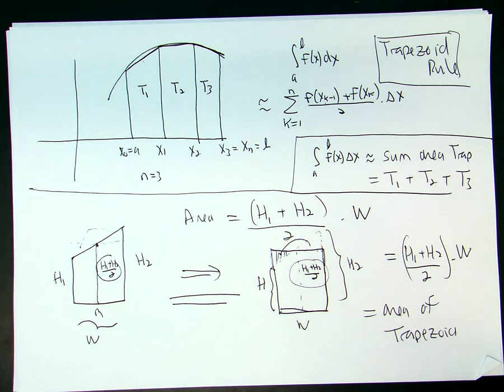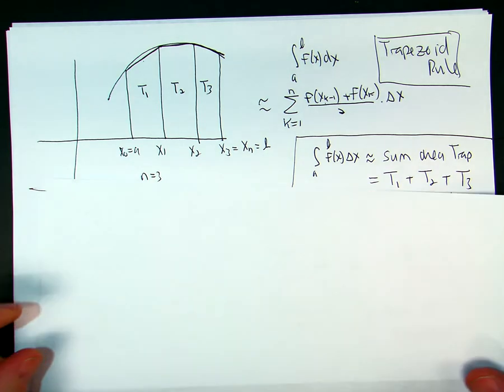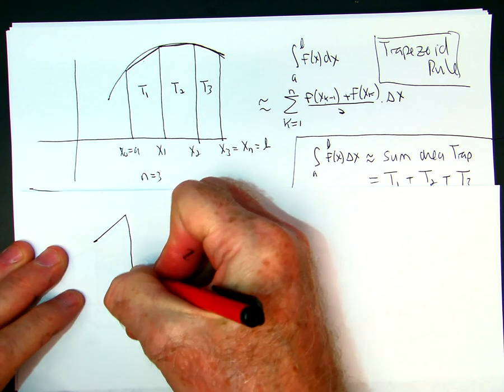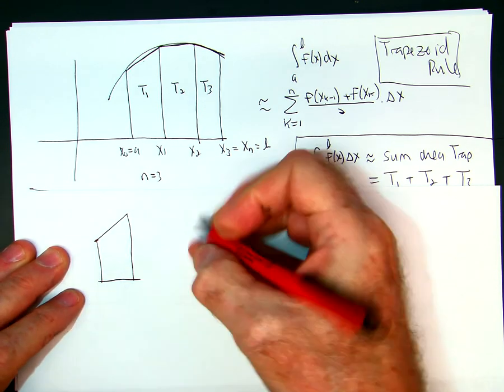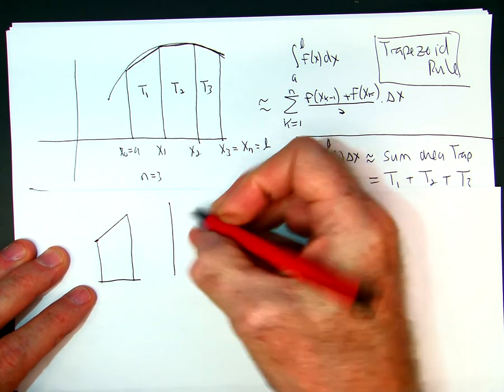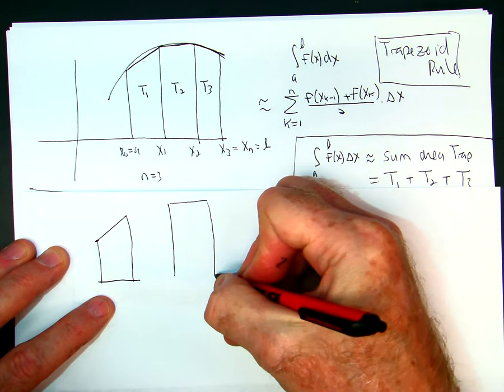So I'm going to show you what that equals. So let me get a piece of paper. Okay. So here's T1. Here's T2. Here's T3.